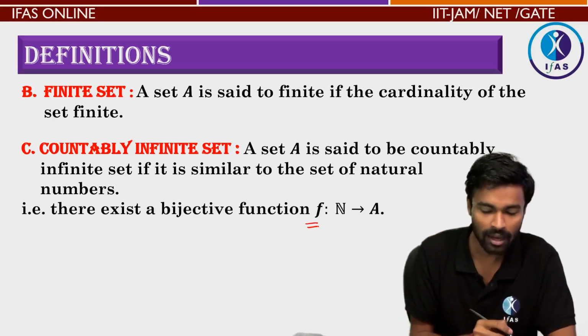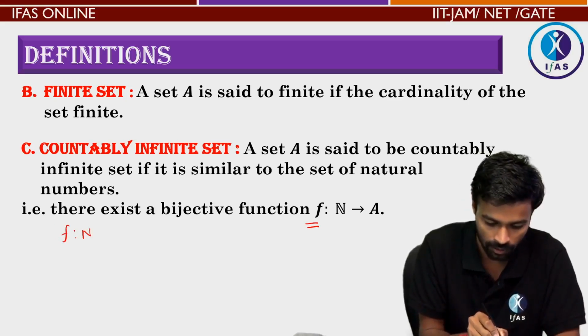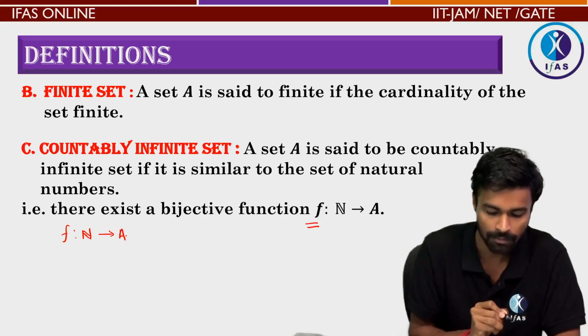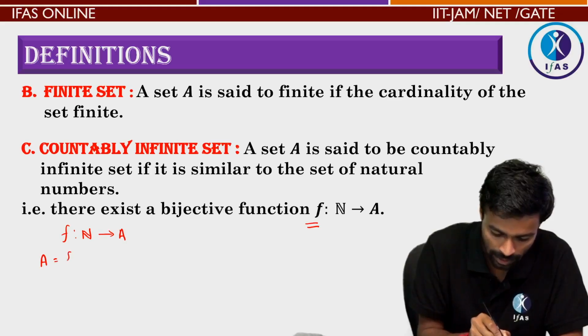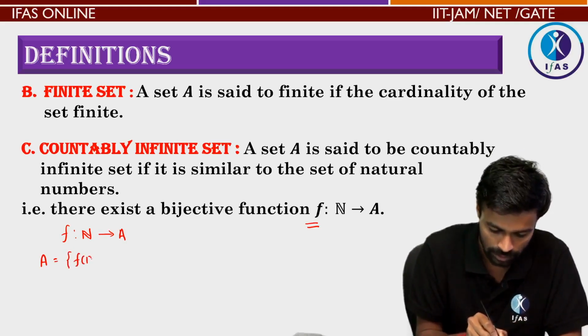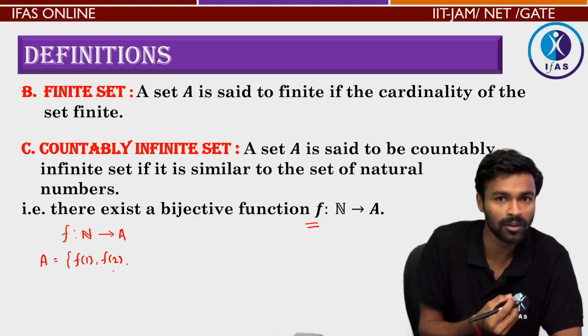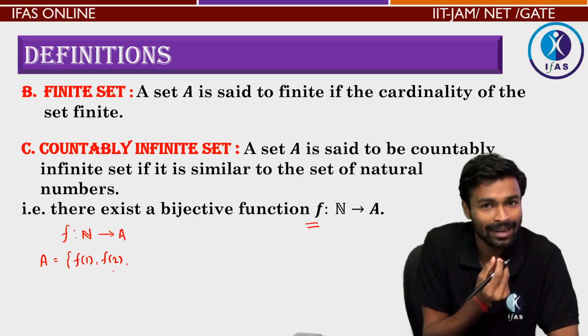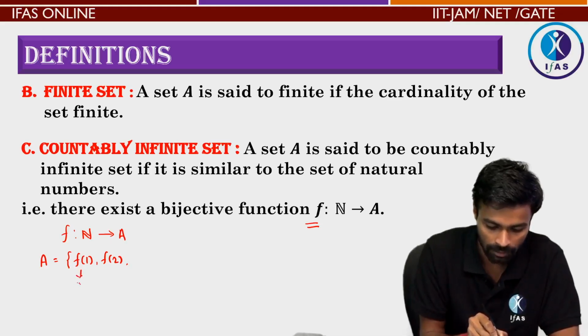If I am able to find some bijective function from N to set A, then I can write my set A as f of 1, f of 2, and so on. The image of 1 under f, that is f of 1, is an element of A. I will take this element as my A1.